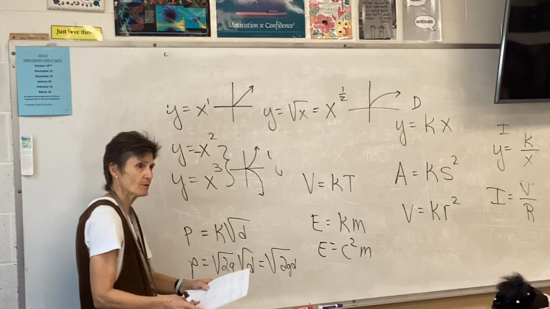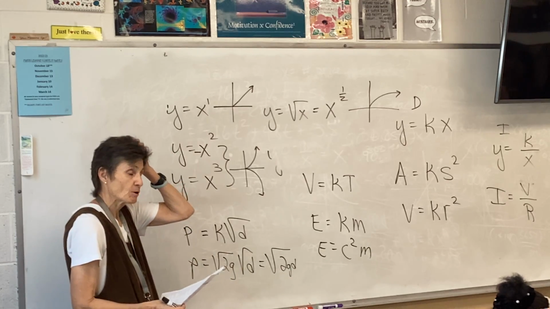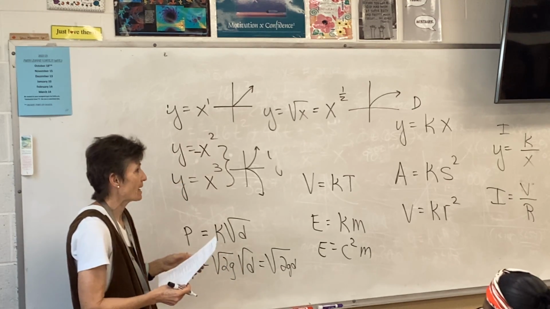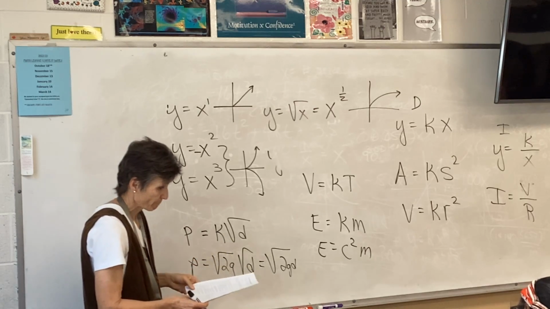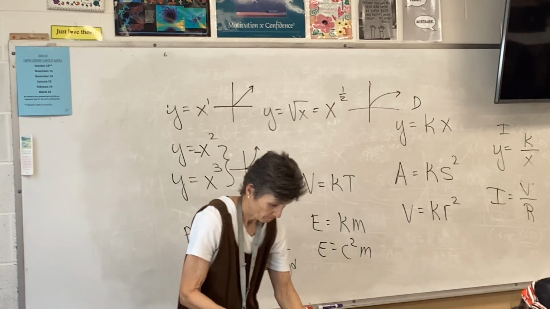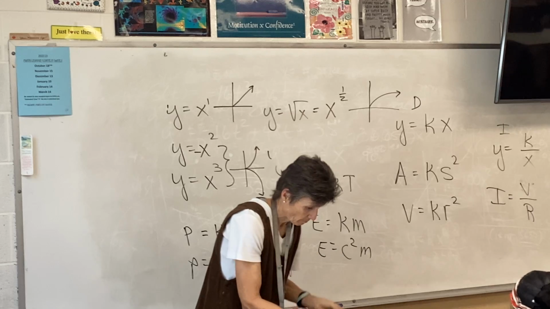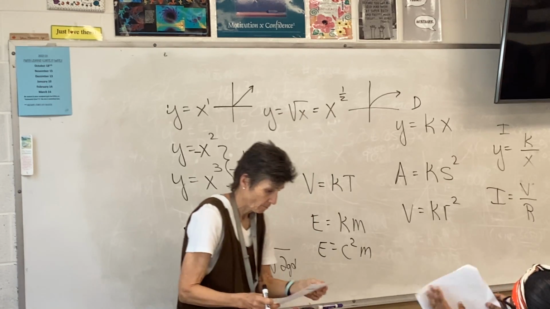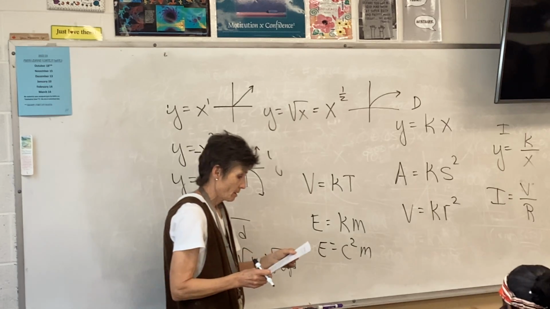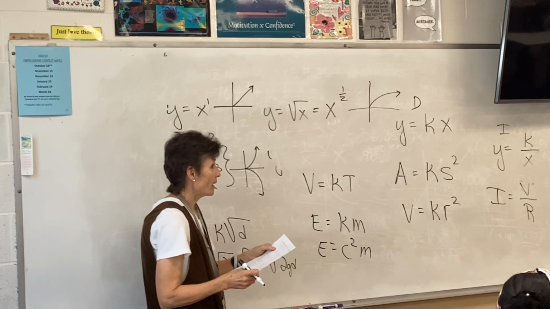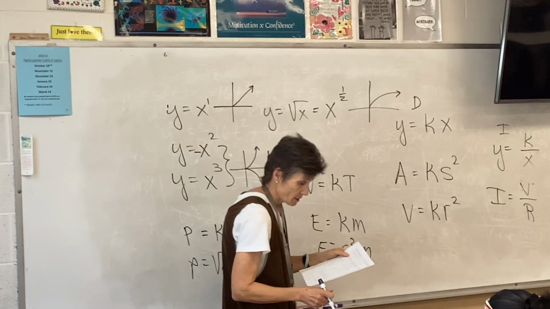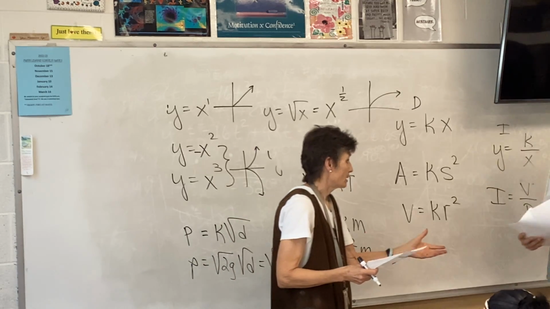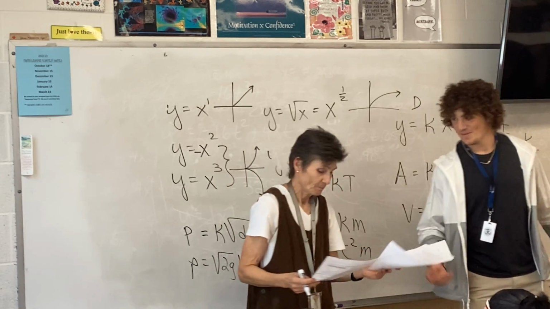Yeah. If they're both square roots, you can put them together. All right, number, thank you.